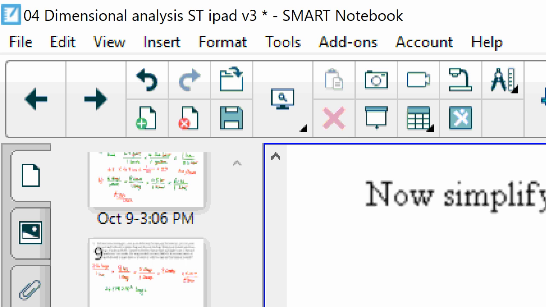And then lastly, the third term, we simplified that. That became M, L minus 1, T minus 2. So it's another pressure. We can add that together.